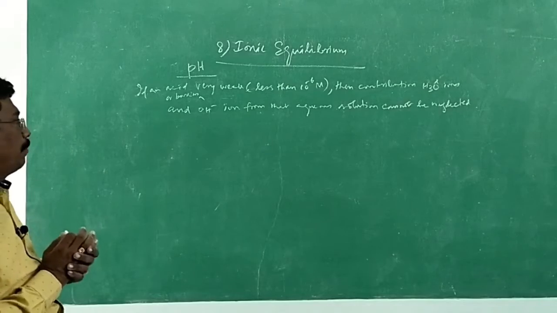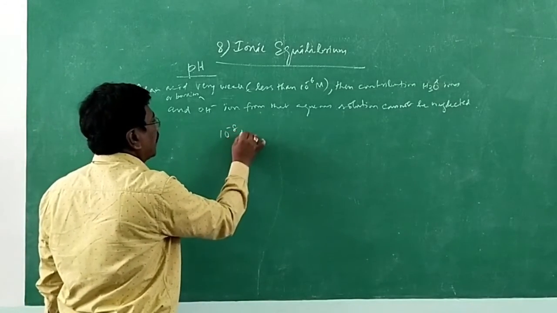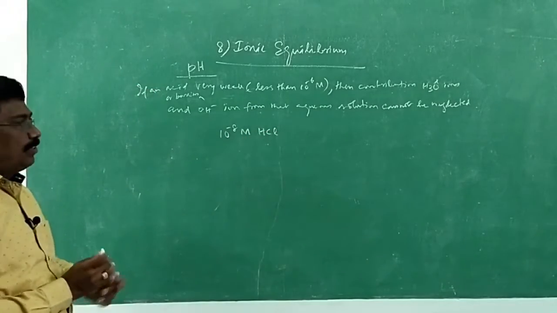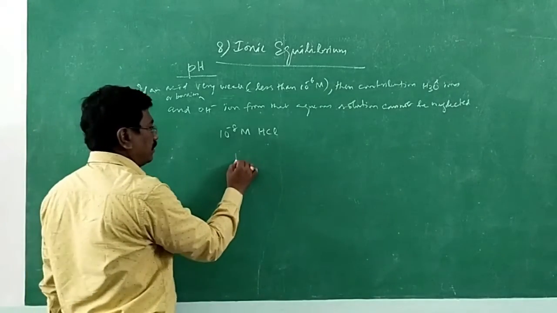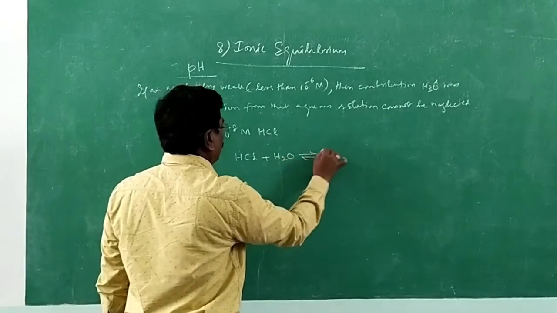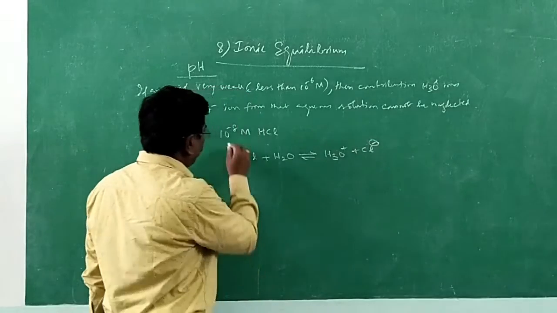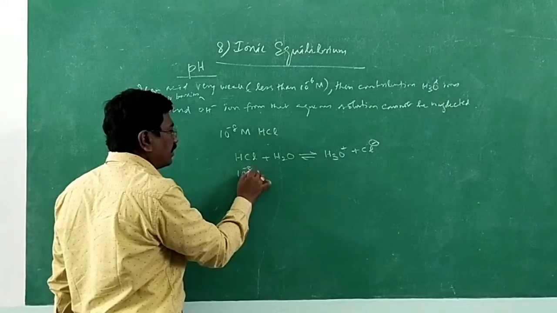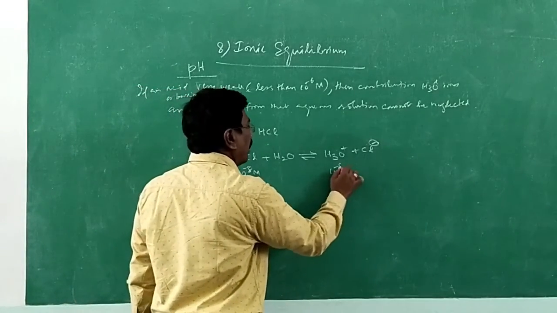The meaning is, let me say an example, 10 power minus 8 molar HCl. If you take 10 power minus 8 molar HCl, what will be the concentration of hydronium ions? HCl in aqueous solution ionizes to form H3O plus and Cl minus ions. It is a strong acid, so it dissociates to form 10 power minus 8 molar hydronium.